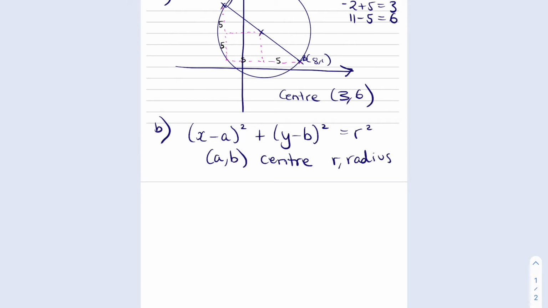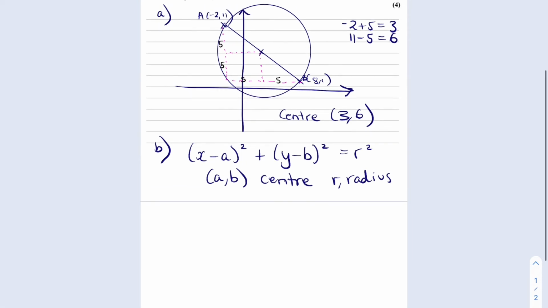So we know the centre is at 3, 6, so we've got a and b. We just need the radius. Okay, so radius is r, and I've just labelled it on the circle.